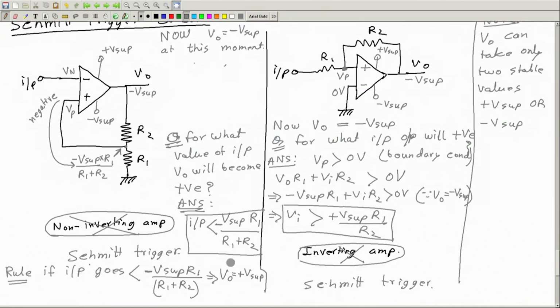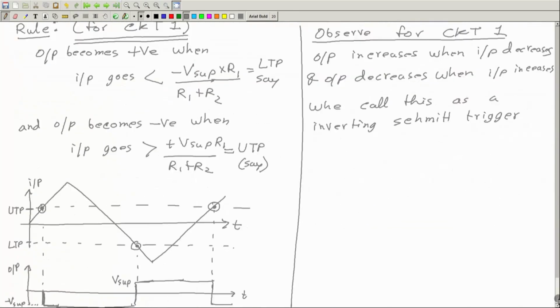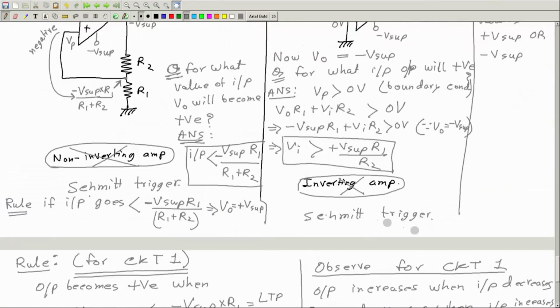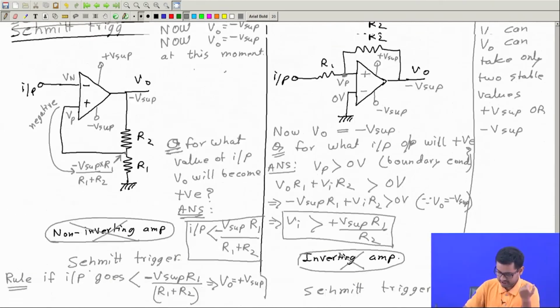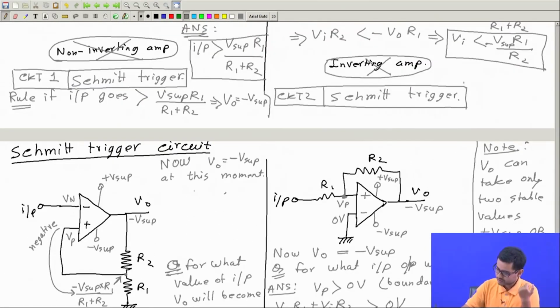Okay. So, let me write the rule for this circuit, this second circuit, circuit 2.